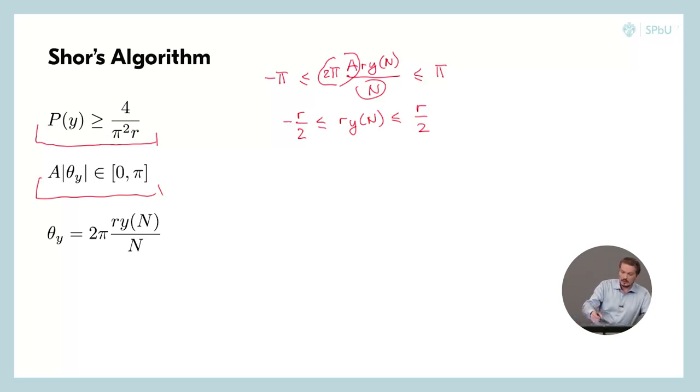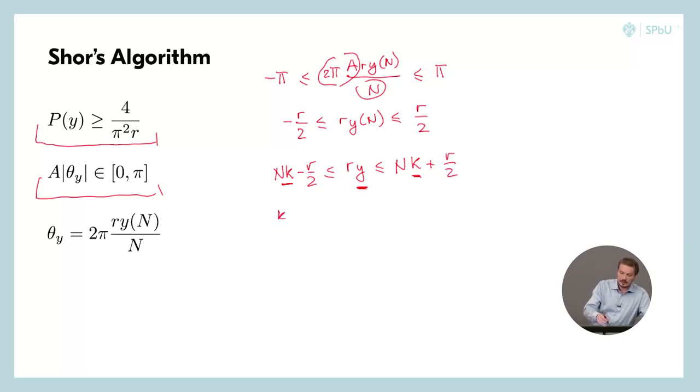And now we are going to get rid of this modulo n, so we can write r y is less or equal than nk plus r divided by 2 and greater or equal than nk minus r divided by 2. And what we can see here is that for any particular k, we can solve this double inequality and find a particular value y.